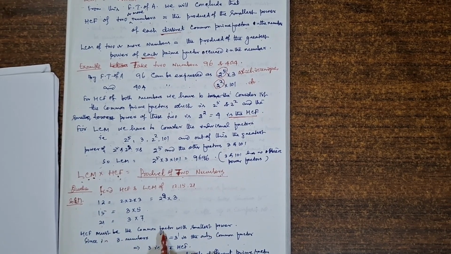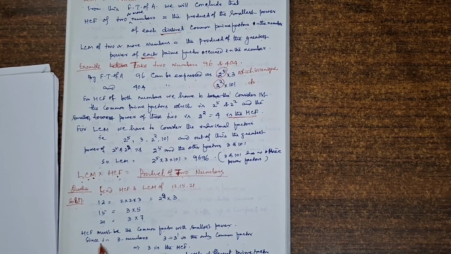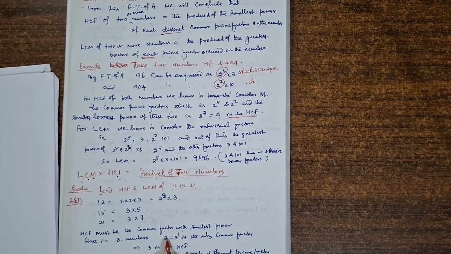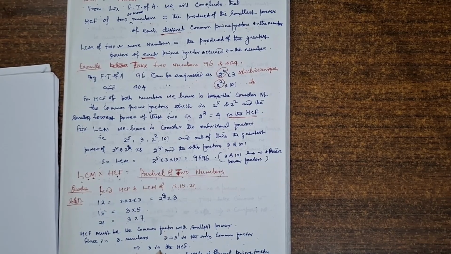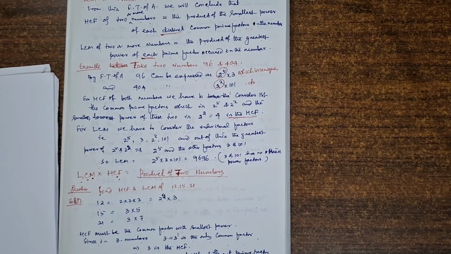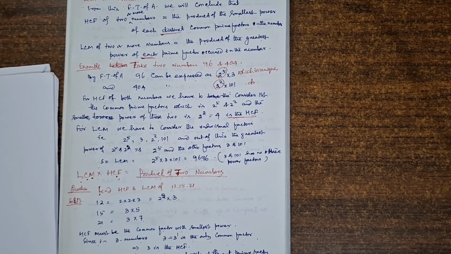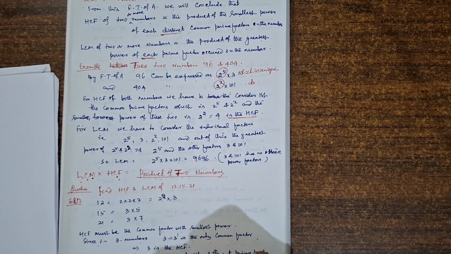HCF must be the common factor with smallest power. Since in the three numbers 3 to the power 1 is the only common factor, 3 is the HCF. For LCM, the highest power of all possible different prime factors, which is 2 square, 3 to the power 1, 5 to the power 1, 7 to the power 1, is equal to 420. So this is the difference between HCF and LCM.